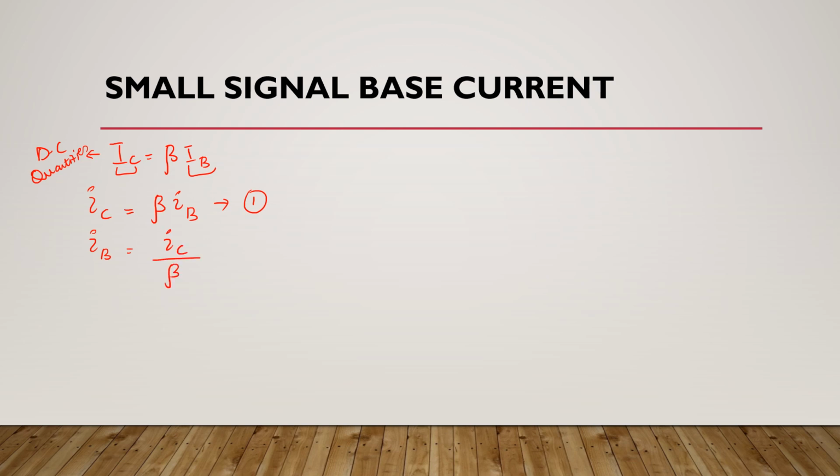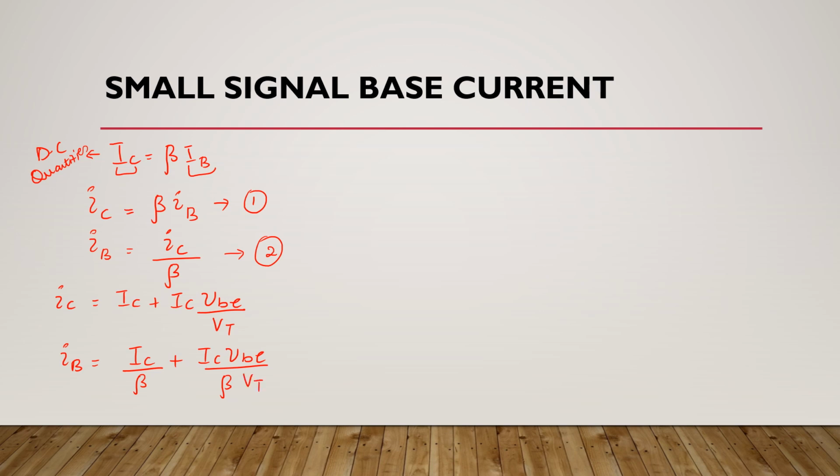From our previous slides, we know that instantaneous collector current is equal to IC plus IC vBE divided by VT. If we put this value of instantaneous collector current in equation number 2, we get instantaneous base current is equal to IC divided by beta plus IC vBE divided by beta VT.